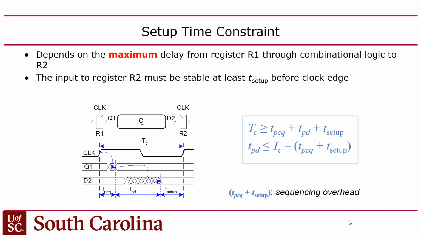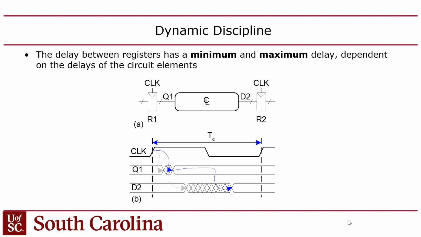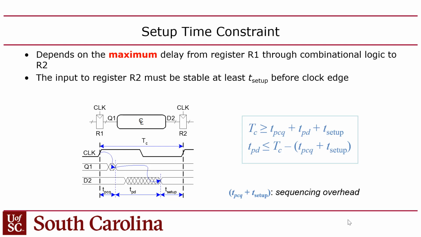So you add together the logic delay TPD, the delay of this R1 flip-flop relative to its clock, and the setup time, and that needs to be less than or equal to the clock period TC. Make sense?